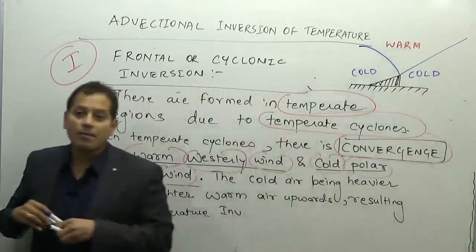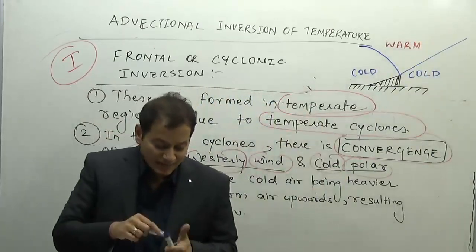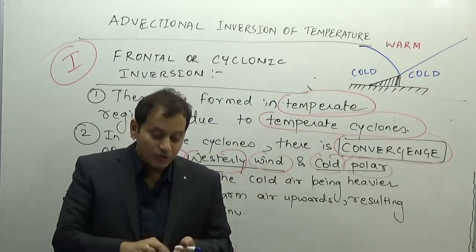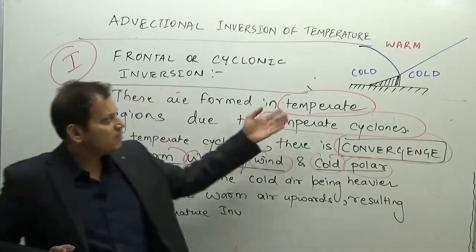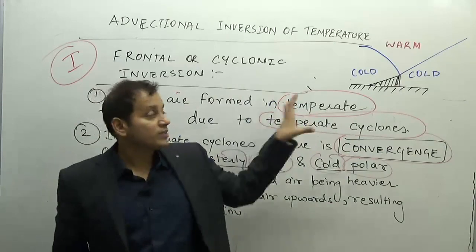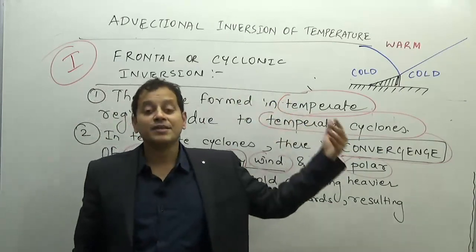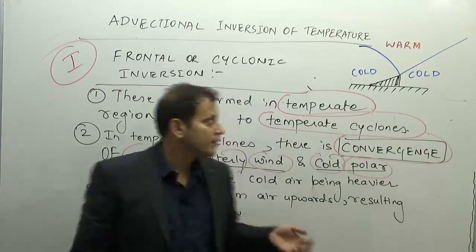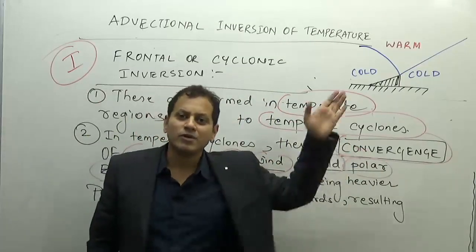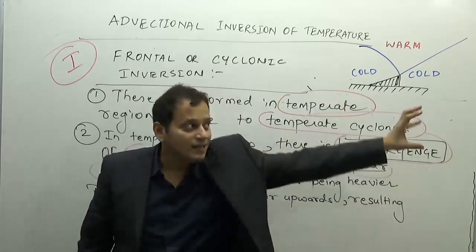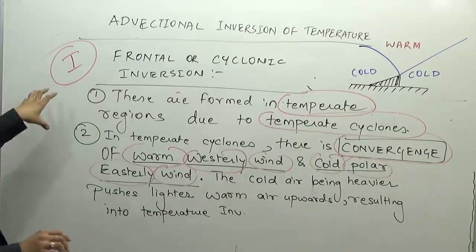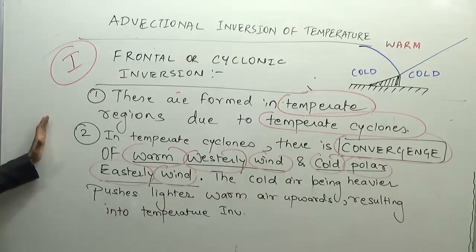So this is the diagram for different types of fronts. Why I am saying don't draw it in the examination is because we'll be studying this topic differently, while doing the fronts itself. So this diagram is a convergence of cold and warm front. What are the different types of front? It's a bit technical at the end. Now coming to the other kind of inversion, the valley inversion. Just have a look here at the board.